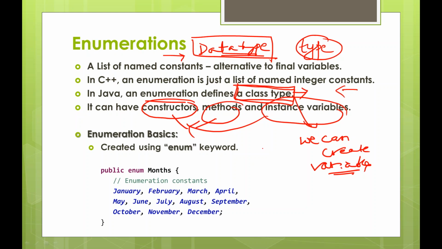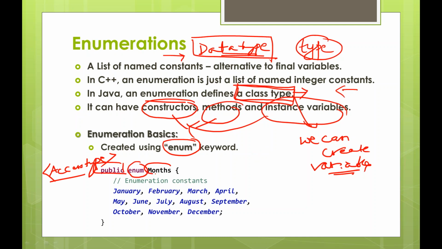So how do we define the syntax for defining an enumeration? We use what is called the enum keyword. This is our access type as usual. We know there are 4 different access types: public, private, protected, and default.